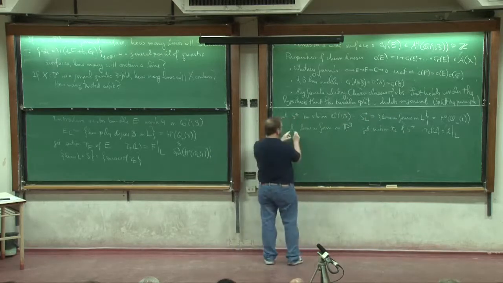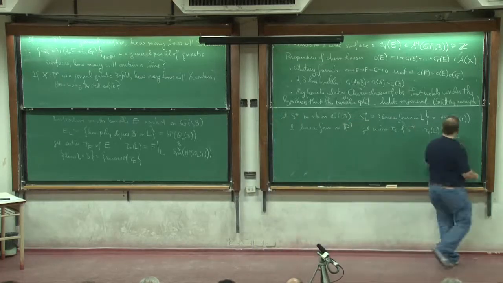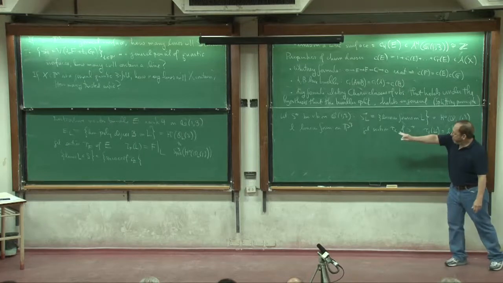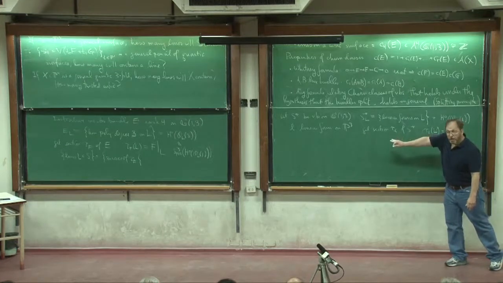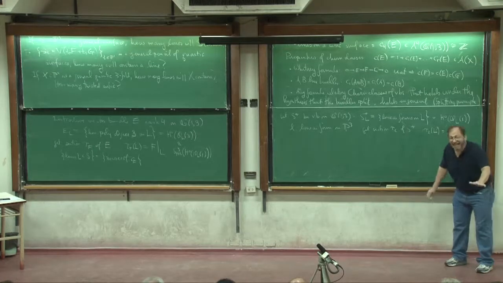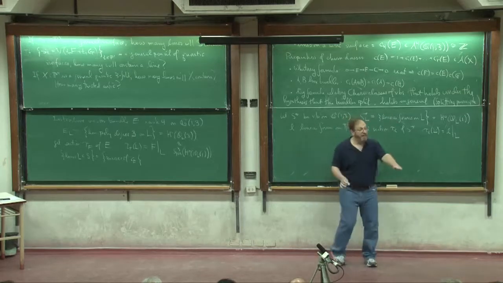Now I want to know, where does this section vanish? Well, when is the restriction of the linear form on P3 to a line identically 0? When the line lies inside the 0 locus of l on P3, which is a plane.